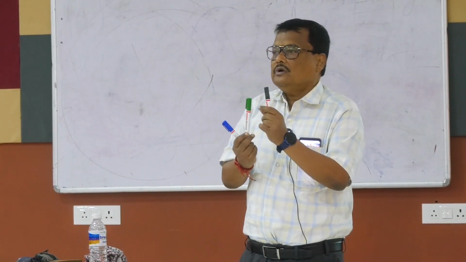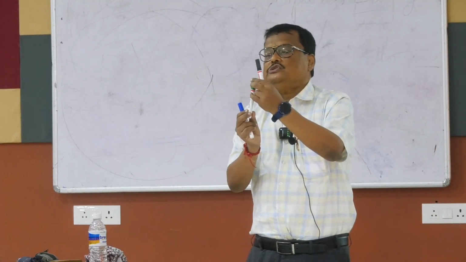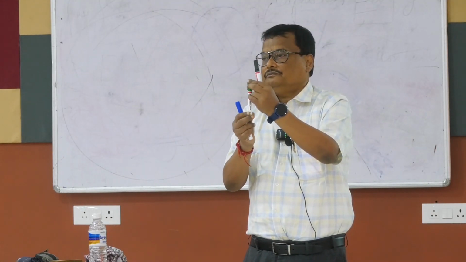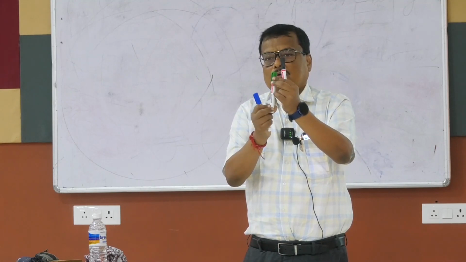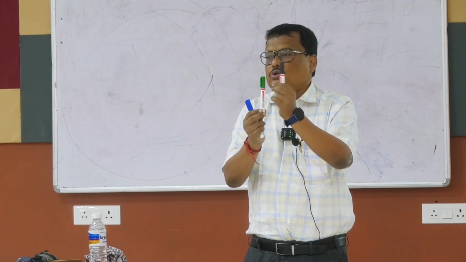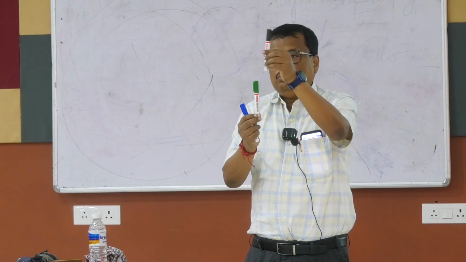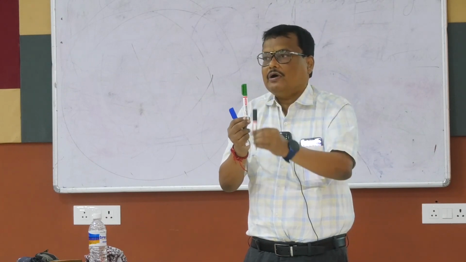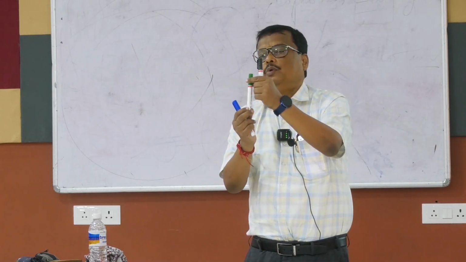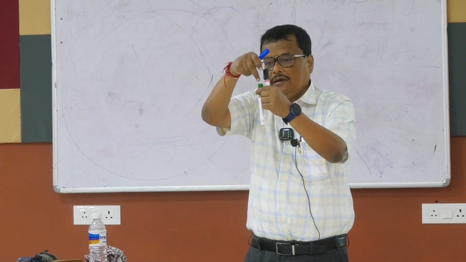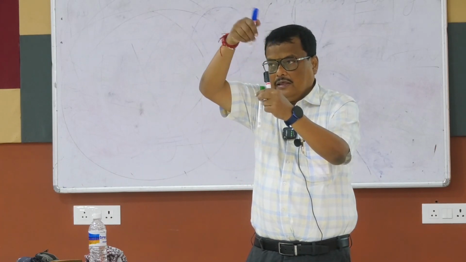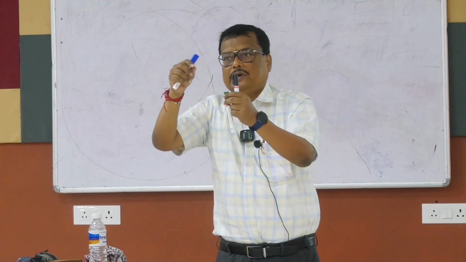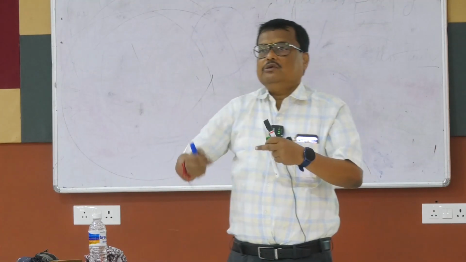So suppose one bone is moving in this fashion, rotating. So we know that the axis is vertical, around which the bone is moving. An imaginary line. You must remember, there is no such axis present in our body.